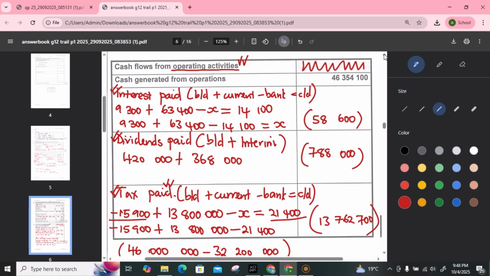I prefer the formula because it's linear, so you can easily show your answers in the given answer book at any given point. If you use the T account, you still get the same answer. If you use the notes, you still get the same answer. Then if you apply your formula, make sure that you understand the BD figures are coming from the balance sheet, and then your current figures are coming from the income statement.